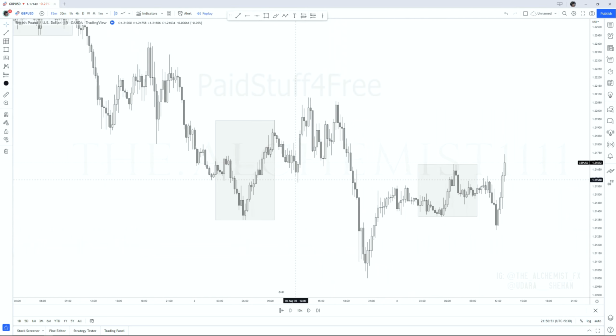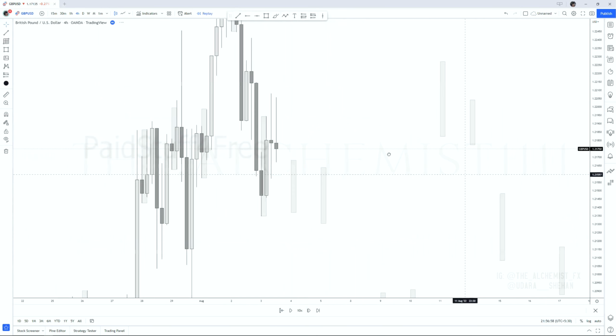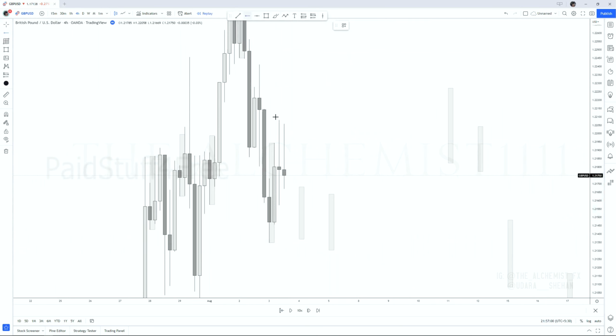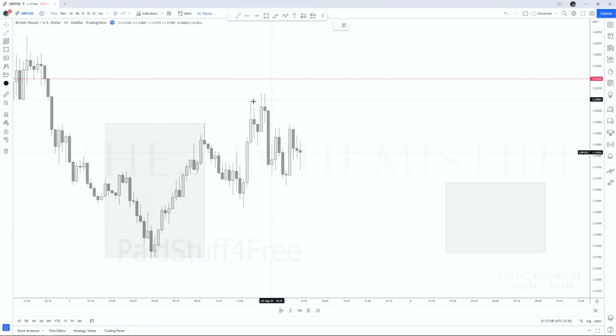Let's see. Look at this day. This day, of course, was a very risky one, because right above Asia we had a rejection block in here. But what happened was, without tapping into that, the 50-minute created a strong high. Now I was a bit skeptical about this trade because there's a 4-hour zone in here, right?